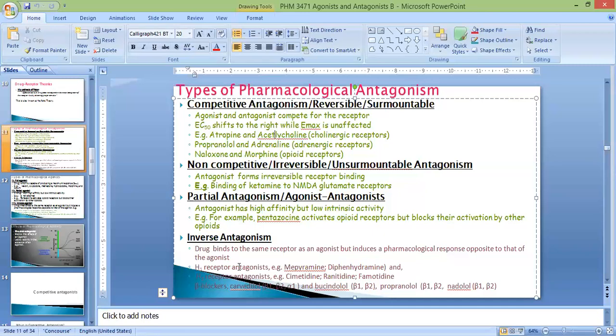So if histamine causes you to have a runny nose, this one will cause you to have a dry nose. It induces the opposite action. And then some beta blockers. Remember, there are some beta blockers with intrinsic activity. So an inverse antagonist just binds but elicits the opposite action.